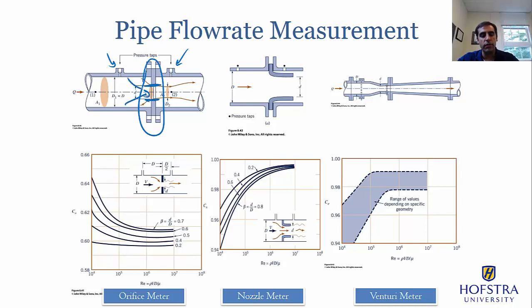So all of the flow gets forced into this smaller diameter, right? You might recall that smaller diameter means higher velocity. Higher velocity means lower pressure. So the change in pressure here, the delta P across these 2 points, can be related back to flow rate through the discharge coefficient, which quantifies the change in energy due to the vena contracta, which is the fact that the pressure is going to be dependent on the local speed, which is based on the local area, which happens to be slightly smaller than the diameter of the hole itself.